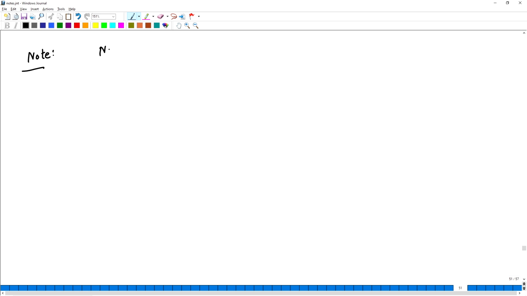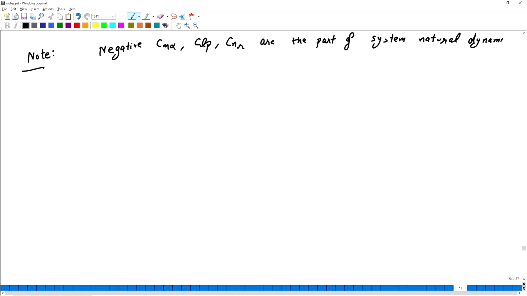So negative Cm alpha, CLP and CNR are part of system natural dynamics and restoring forces.